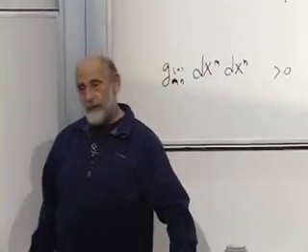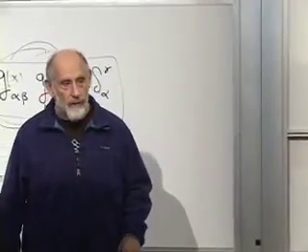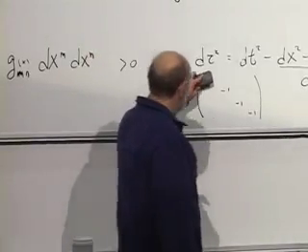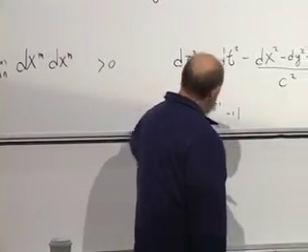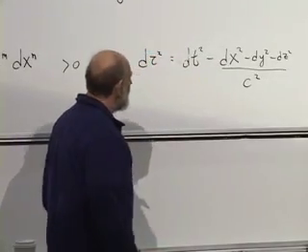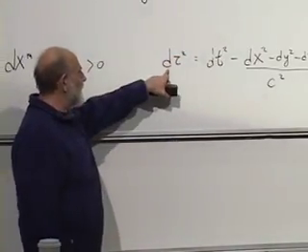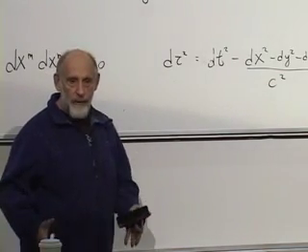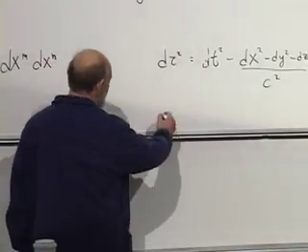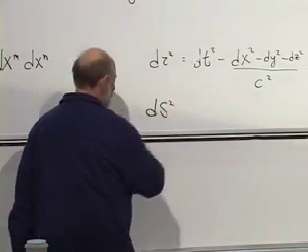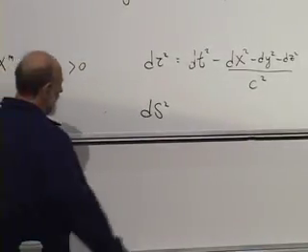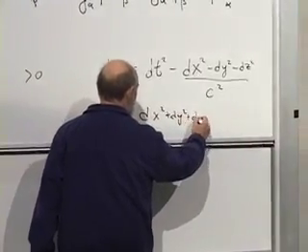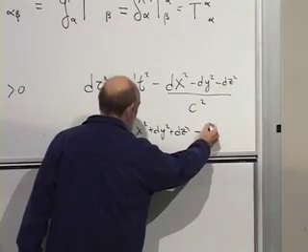Now I should tell you that if you compare with much in the literature, depending on how old the literature is, the tastes of the author, and how quirky the author is, one sometimes defines, instead of the proper time, a proper spatial interval, and defines it this way: ds squared, s for space, equals dx squared plus dy squared plus dz squared minus c squared dt squared.